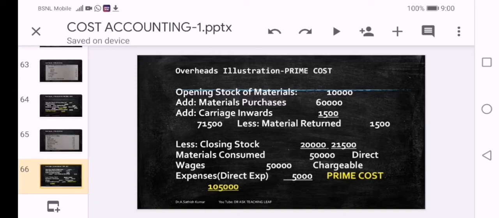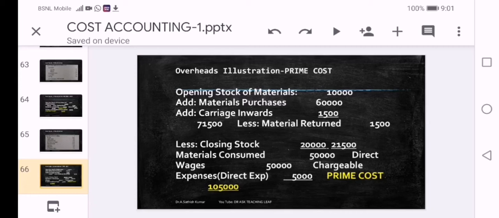From this 71,500, deduct two items. One is materials returned. After purchase, some materials are returned, purchase returns, which is 1,500. We also have to deduct closing stock of raw material, which is 20,000. So 1,500 materials returned and 20,000 closing stock, together 21,500.